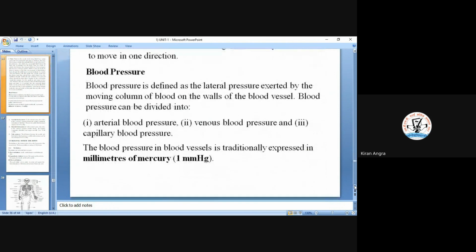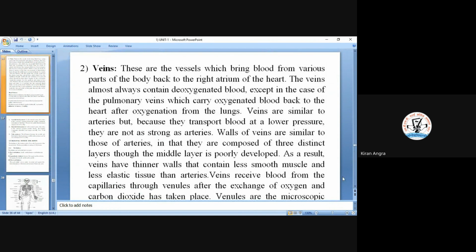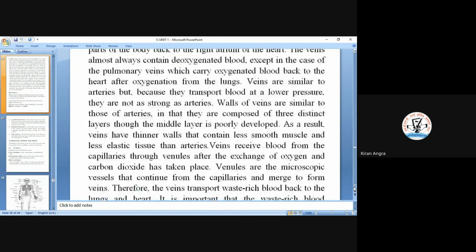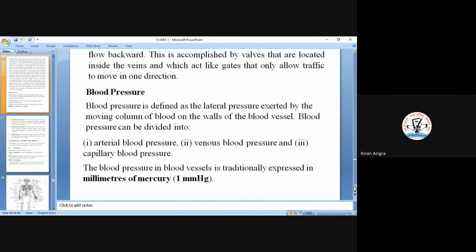Systolic blood pressure in the arterial system refers to the maximum pressure during systole. Systole, I have just told you, is whenever there is a ventricular contraction of the heart. The systolic value in a normal person mostly ranges from 110 to 145 millimeters of mercury, while diastolic pressure refers to the minimum pressure exerted during diastole, when the ventricles are relaxing.